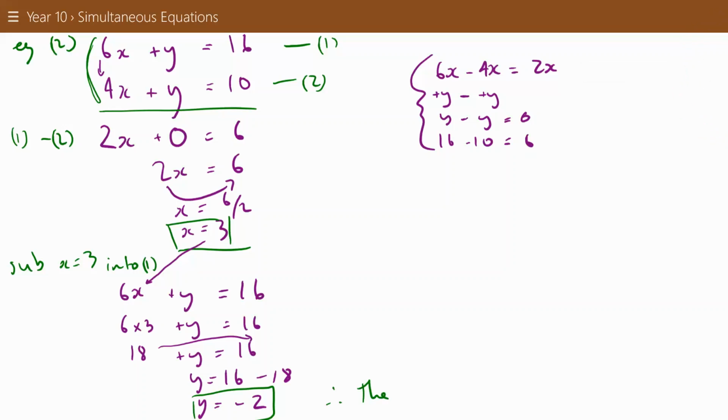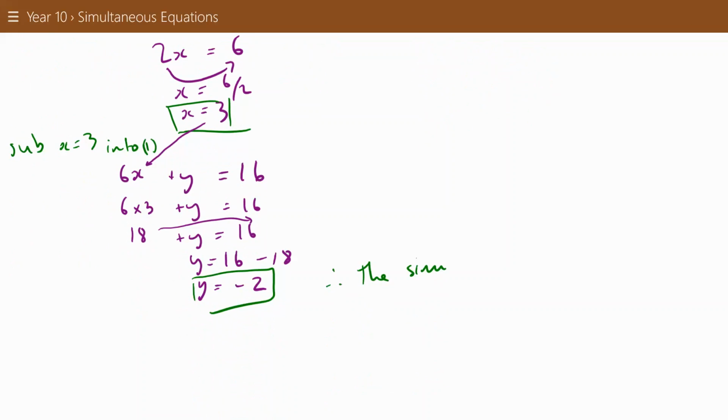Therefore, the simultaneous solution is 3 comma minus 2, or you could say x equals 3, y equals minus 2.